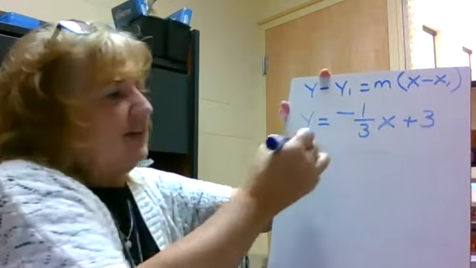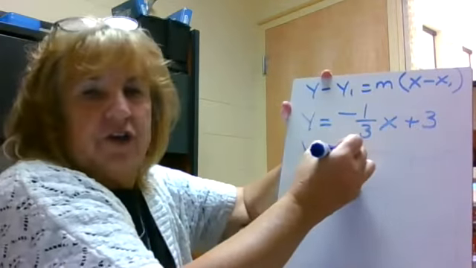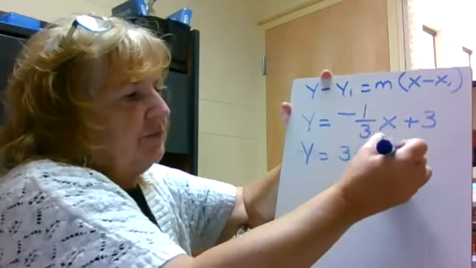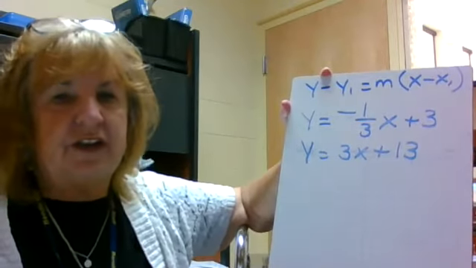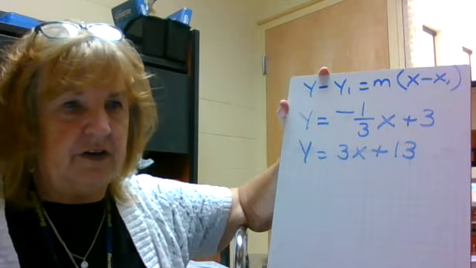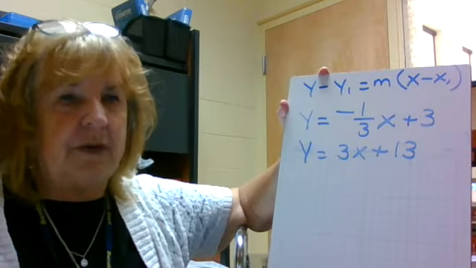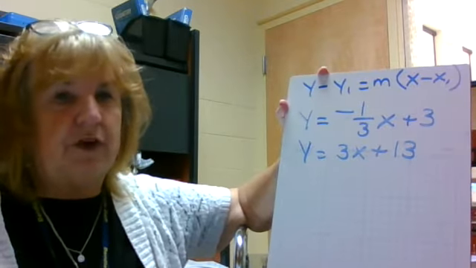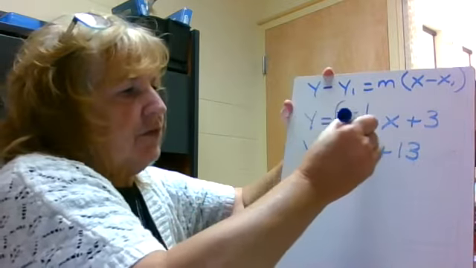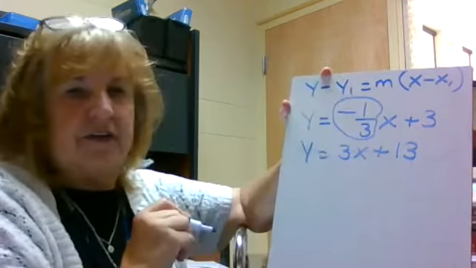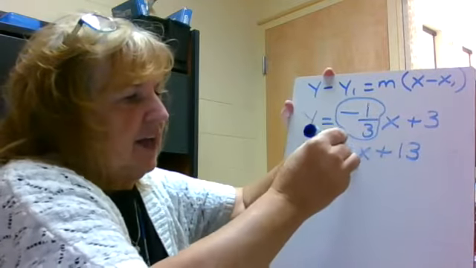And the second one is the line y equals 3x plus 13. And the question says, show that the lines are perpendicular. Well, when we're talking about parallel lines and perpendicular lines, we're focused on the slope. So here's the slope of the first line. Here's the slope of the second line.